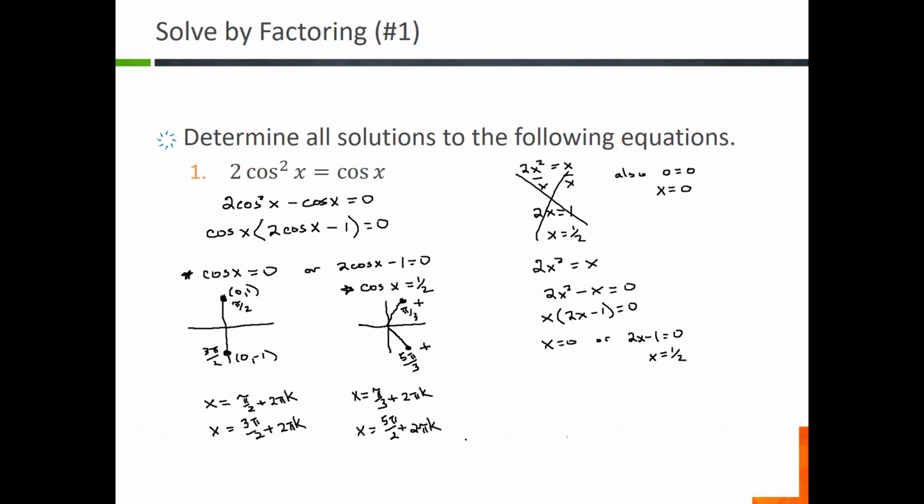So all four of these answers together represent our solution. Okay. So if we wanted to write out the infinitely many solutions, we'd have to list all four of those out. If you wanted just the answers between 0 and 2 pi, it's the pi over 2, the 3 pi over 2, the pi over 3, and the 5 pi over 3. This should be a 3 here.